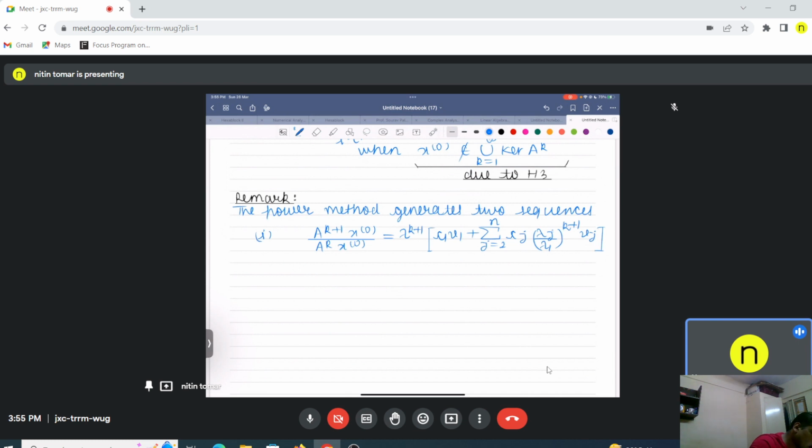Now this is a vector, right? So it does not make any sense dividing by a vector. So that is why we take any index. The ith entry means the ith entry of the vector A^k x naught. Okay, this precisely means this.